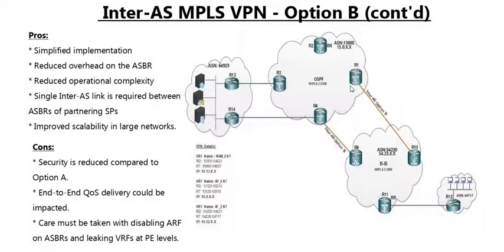So with this option, you are able to collapse all those prefixes into one global routing table for the multi-protocol BGP, and that will be easier to manage. This also reduces the operational complexity. As you can see, you don't need to worry so much about looking for one VRF or the other, especially at the ASBR level. And you can also keep the single inter-AS link.